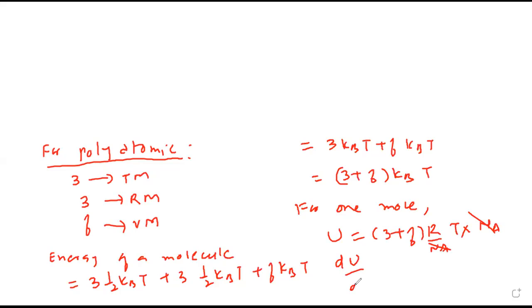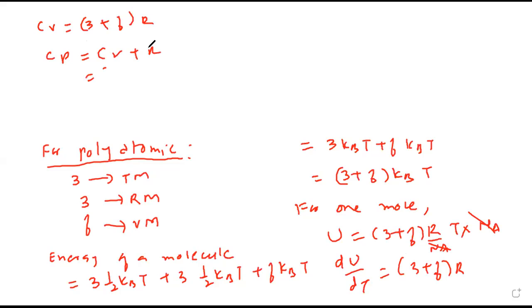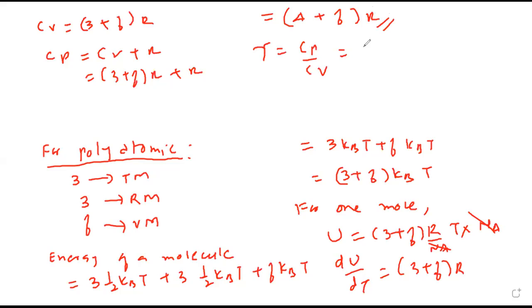So dU by dT is (3 plus F) into R. So Cv will become (3 plus F)R. Cp is Cv plus R, so (3 plus F)R plus 1R, that will become (4 plus F) into R. Therefore, gamma is Cp upon Cv, which will be (4 plus F)R upon (3 plus F)R, that is (4 plus F) upon (3 plus F).